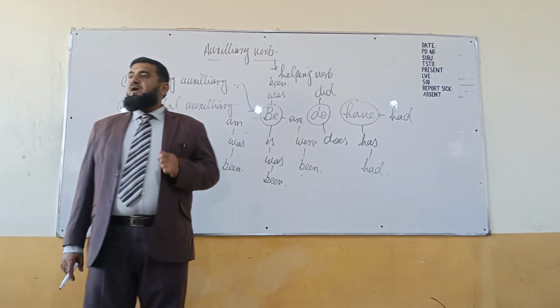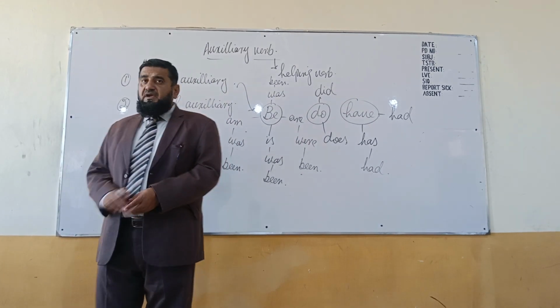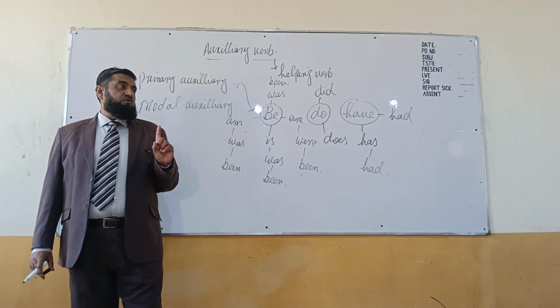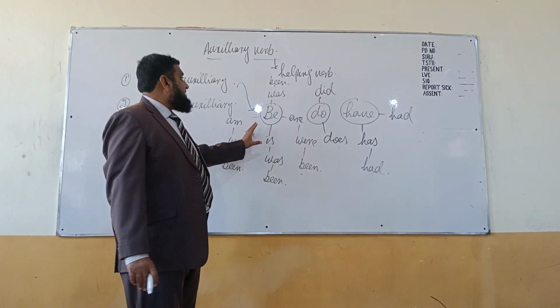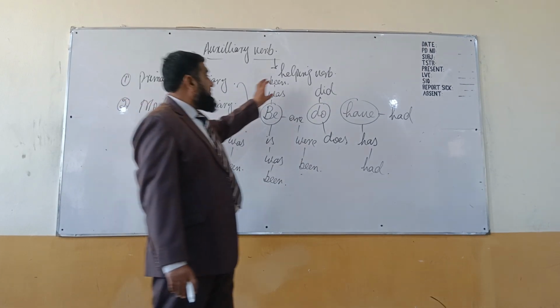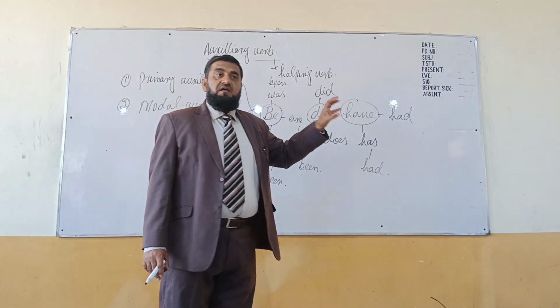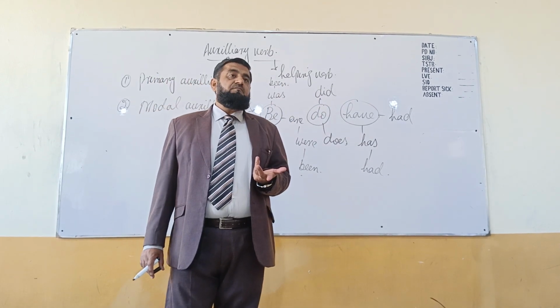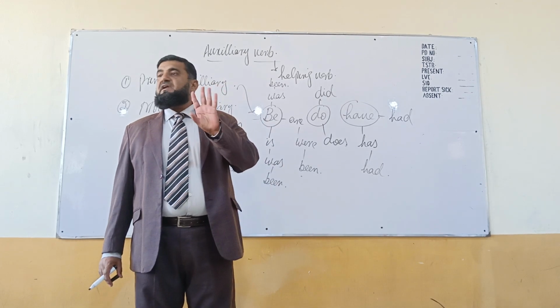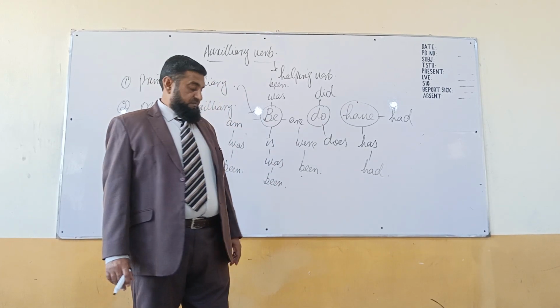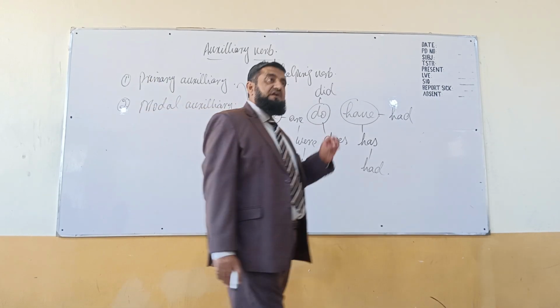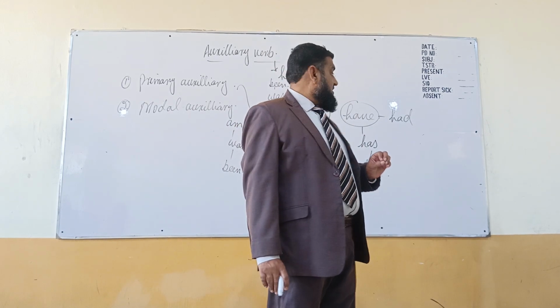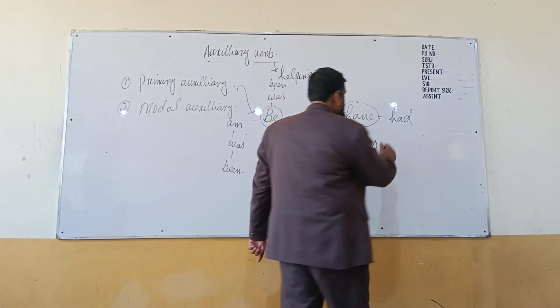At the beginning, I told you that auxiliaries are helping the main verb. So how are they helping the main verb? You know, the main verb contains 5 inflections. What are these 5 inflections?